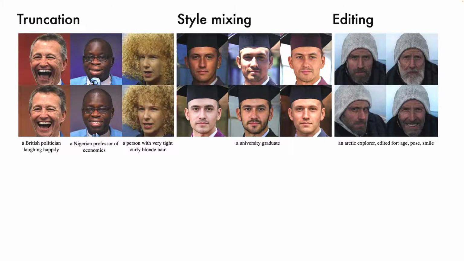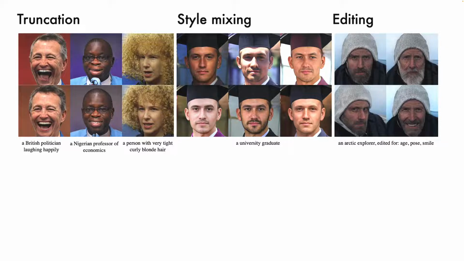We can use style mixing, where we change the latent code for the high-resolution layers of the StyleGAN network. This allows us to introduce variations in terms of lighting, colors, and textures to an existing latent that we've sampled from a text prompt.